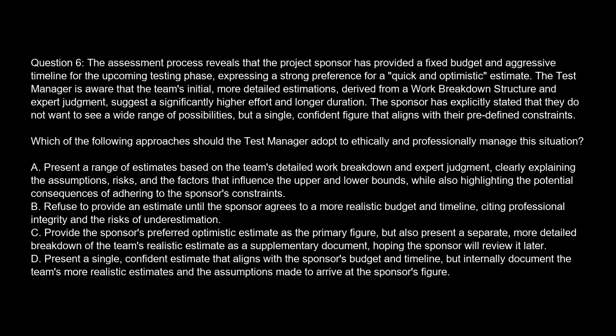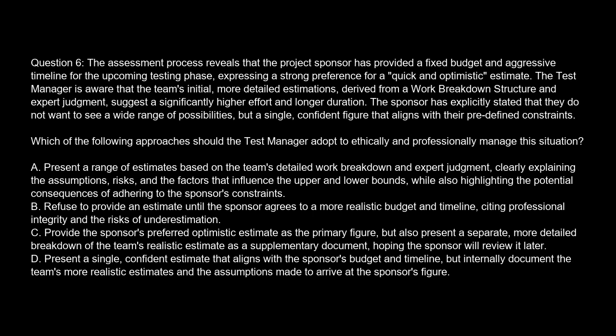Option A. Present a range of estimates based on the team's detailed work breakdown and expert judgment, clearly explaining the assumptions, risks, and the factors that influence the upper and lower bounds, while also highlighting the potential consequences of adhering to the sponsor's constraints. Option B. Refuse to provide an estimate until the sponsor agrees to a more realistic budget and timeline, citing professional integrity and the risks of underestimation.